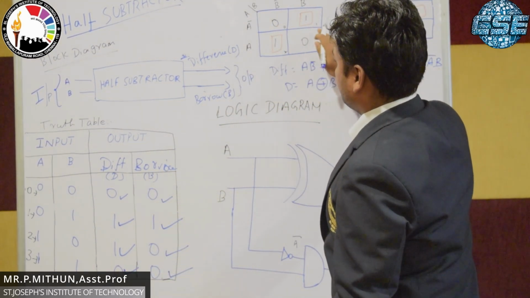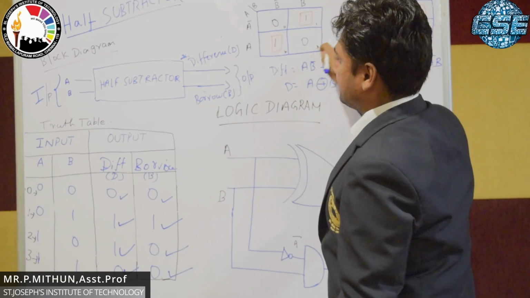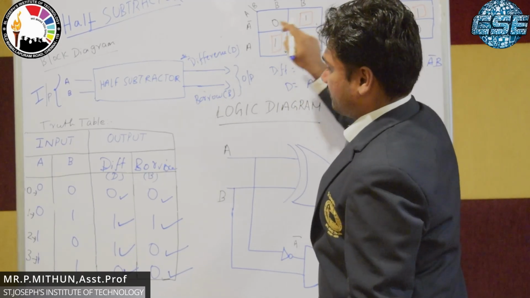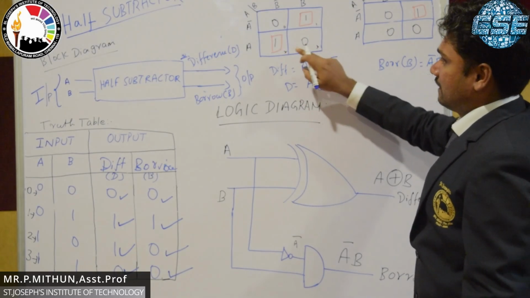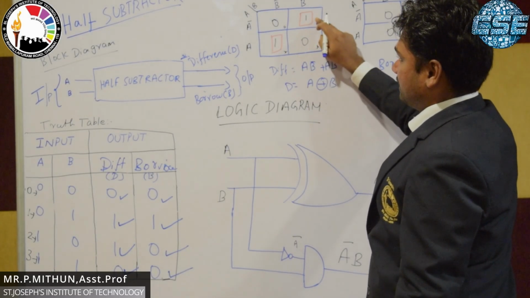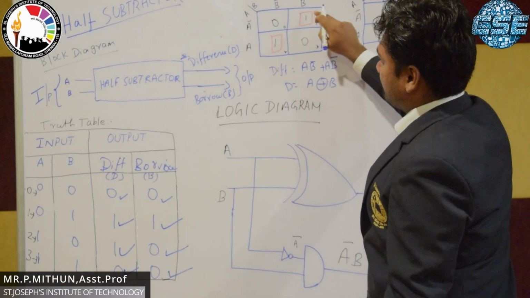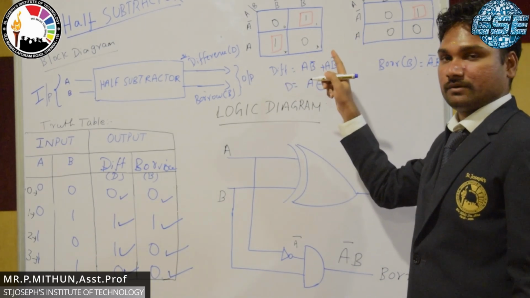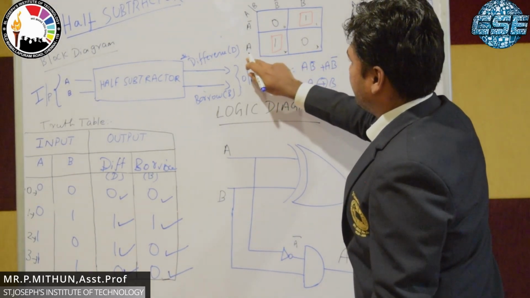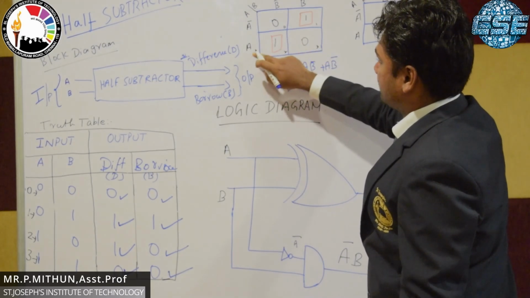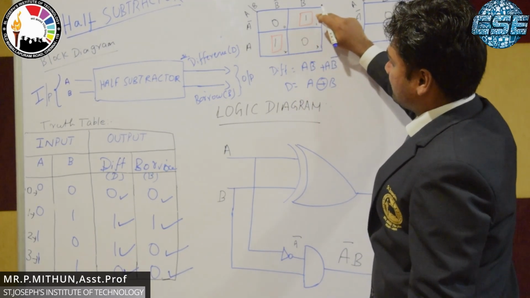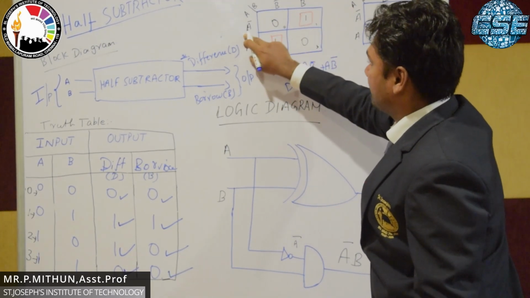From this, 0, 1, 2, 3 is the decimal value. From the decimal value we can insert the difference value 0, 1, 1, 0. The single 1 is there, so we can map 1 and 1 only. So for this one, A and B bar, A and B bar plus, another one, for this one, B and A bar.